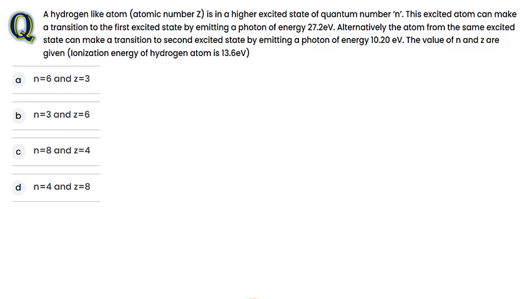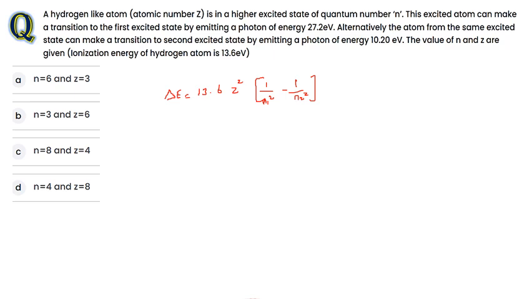Already we know this formula: delta E is similar to 1 by lambda, the same concept, but here we mention the energy value, 13.6 Z square into 1 by n1 square minus 1 by n2 square.